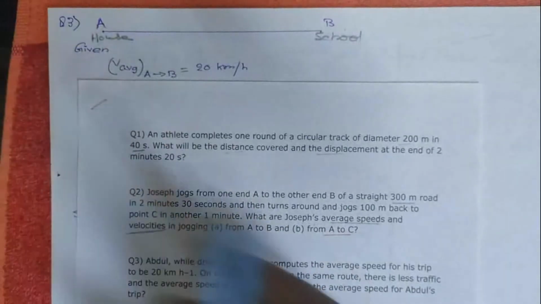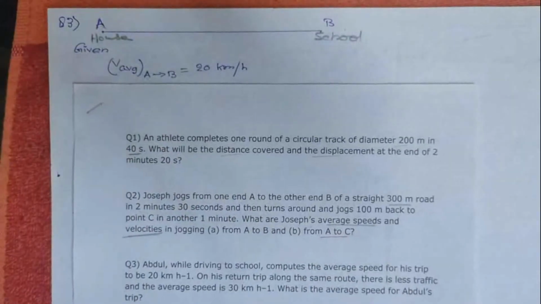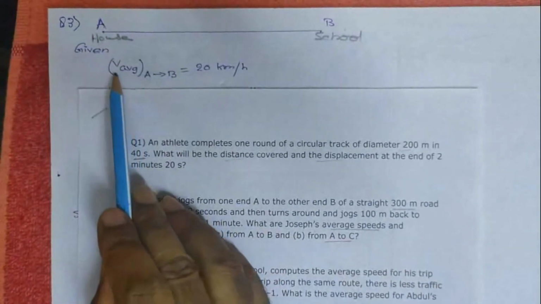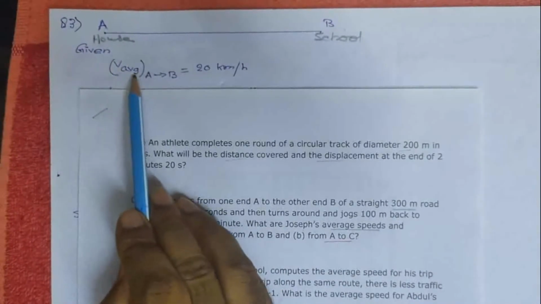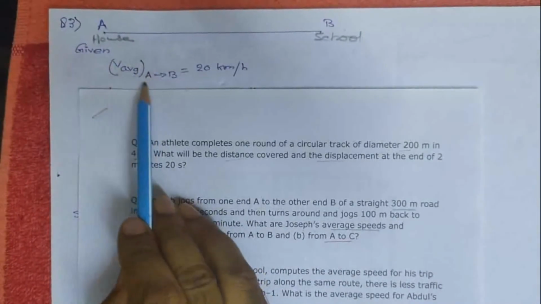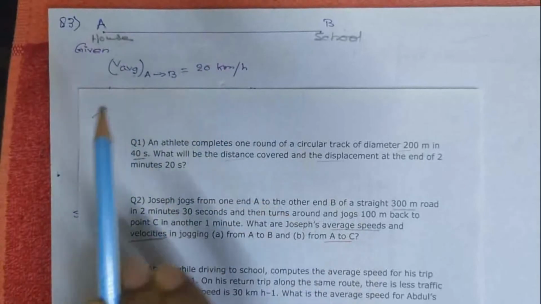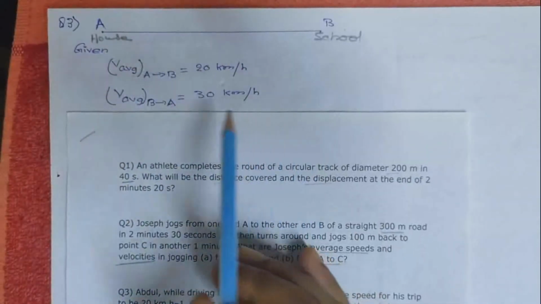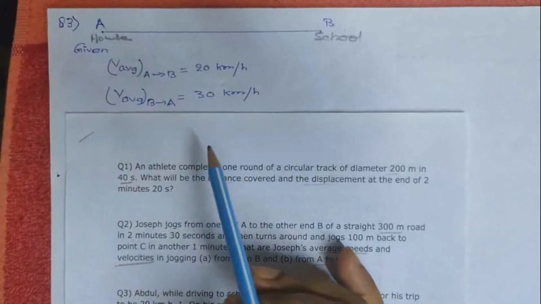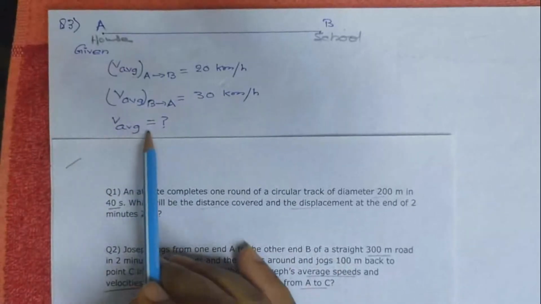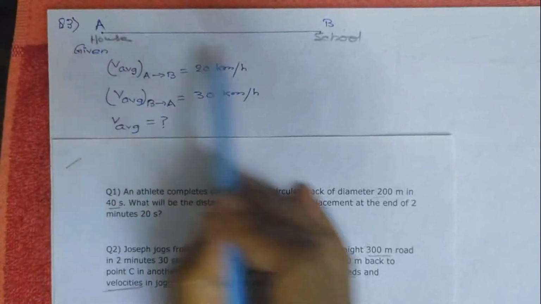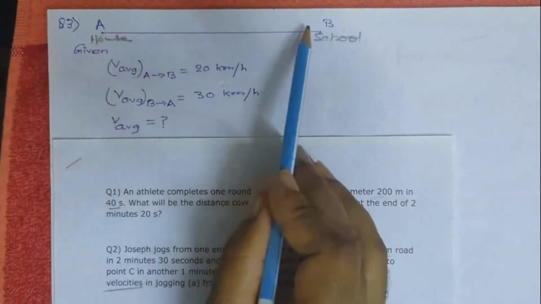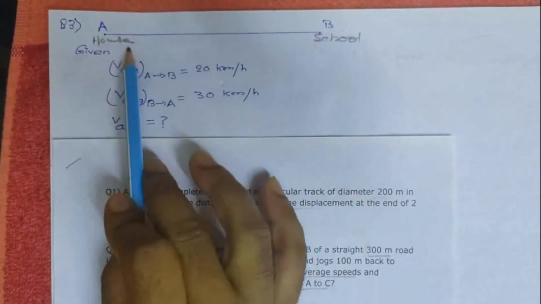What quantities are given to us? The average speed while moving from A to B is 20 km per hour. Average speed backward, B to A, is 30 km per hour. What are we required to find out? The average speed for the entire trip, meaning to and fro.